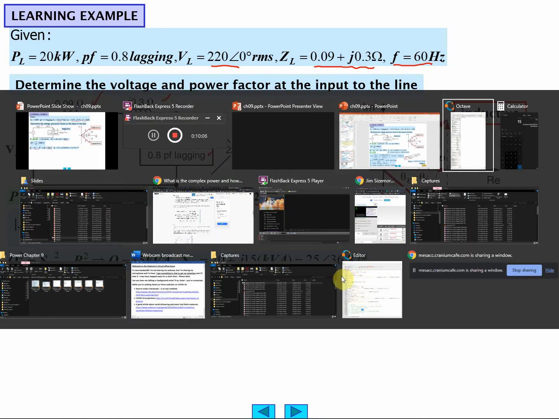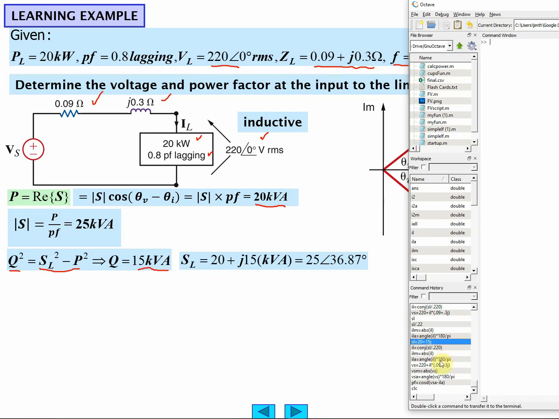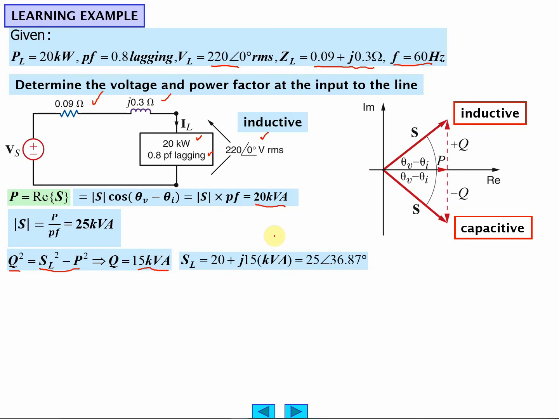Let's see, I'm going over to Octave. Did I do that? No, I didn't. I didn't calculate that in Octave. So we'll go back to here.